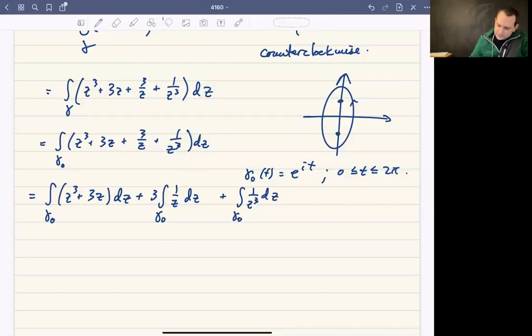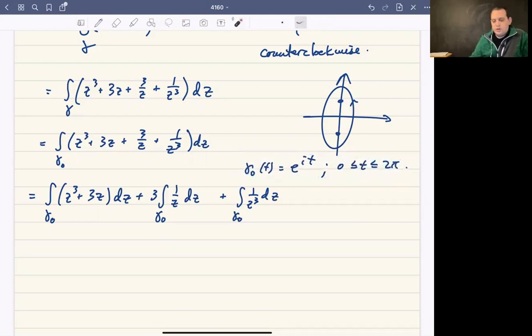These are the 3 integrals that we need. Notice that z cubed plus 3z is a polynomial, and therefore it's entire. Since gamma naught is a closed curve, this integral is 0 by the second corollary to Cauchy's theorem that we talked about. It's an entire function integrated over a closed curve, so it's 0.